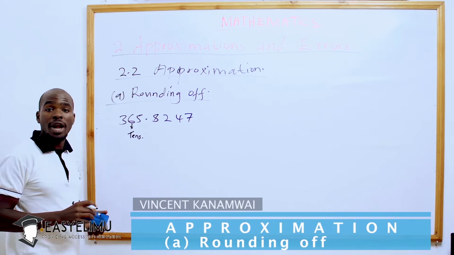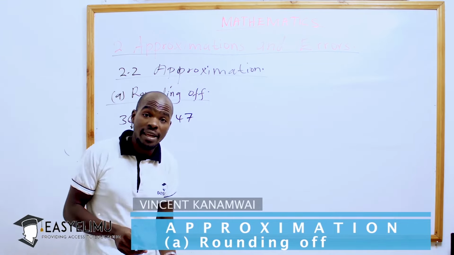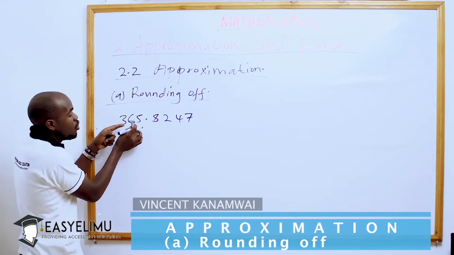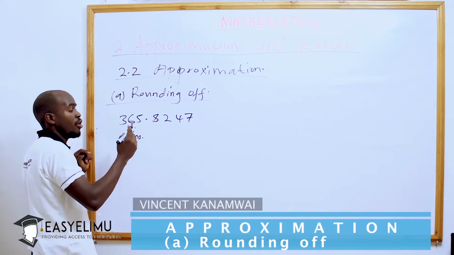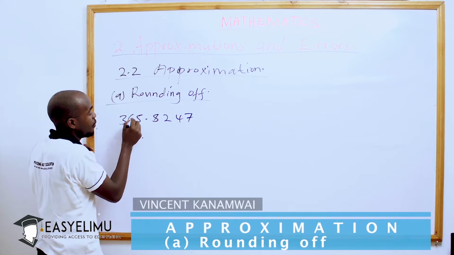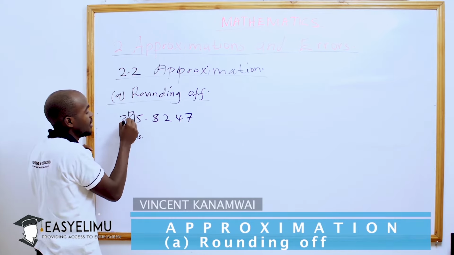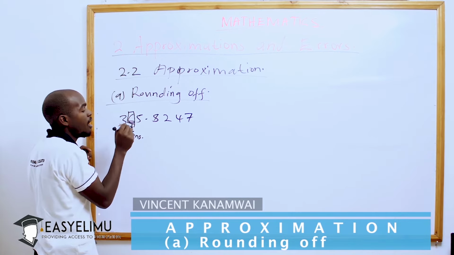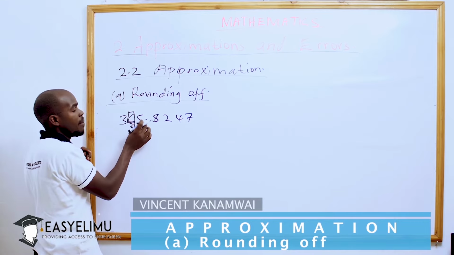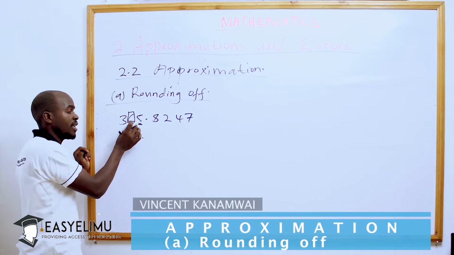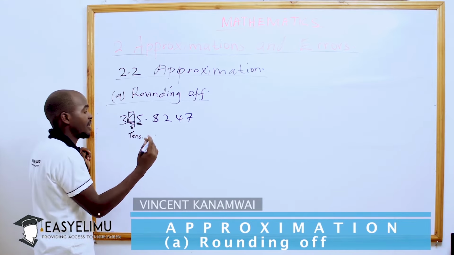So if we want to round any given number in tens, you will look at the number which is adjacent to that number on the right hand side. For instance, if you want to round off this 6, you will have to look at 5. This number 5 is the adjacent number to 6, and it is on the right hand side.